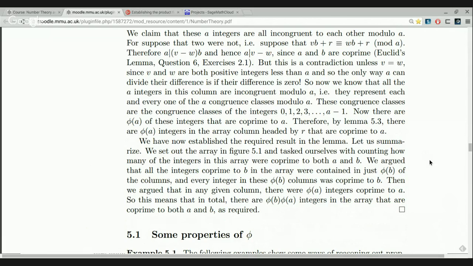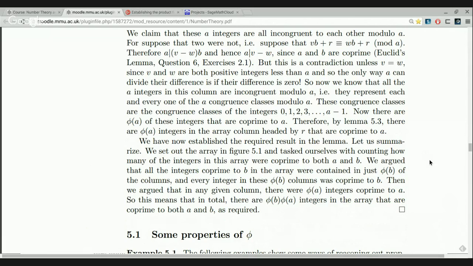That means we've now proved all the steps in this argument for the product formula. Knowing that phi is multiplicative justifies this move of interchanging the order of phi and the product operation. Each of these different powers of a prime are co-prime to one another, since the primes are distinct.